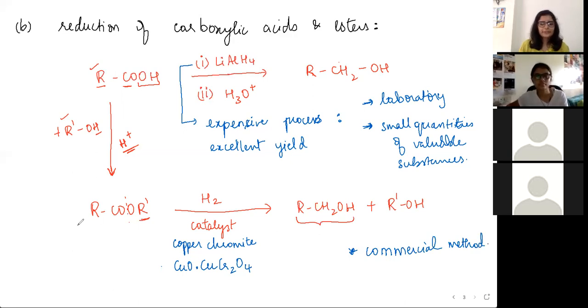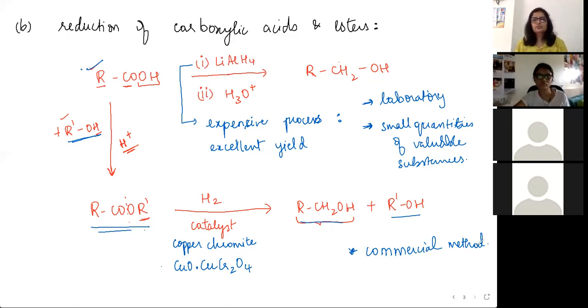Either you take an ester directly, or if an ester is not available and you have an acid, convert it into an ester and then get alcohols from it. If you're starting off from an acid and you want specifically RCH2OH, you can control what alcohol you take to make the same alcohol from both sides of the formula. So this gives you a lot more options.